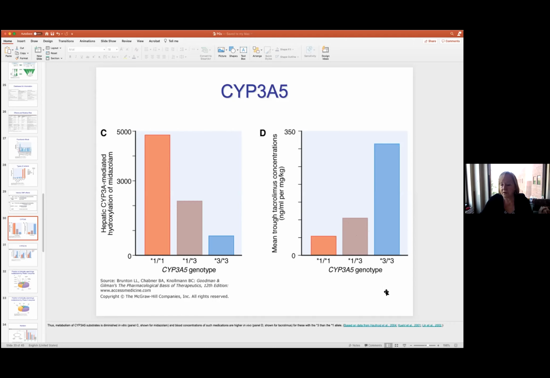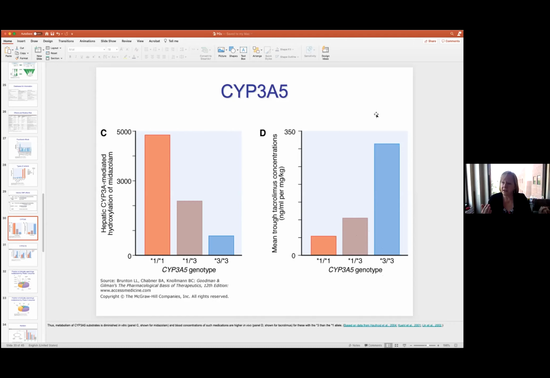And for the homozygous person, or people who have both less active versions of the gene, there's still a lot of drug even in the trough period.